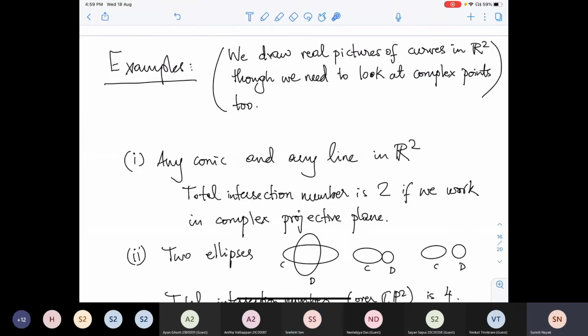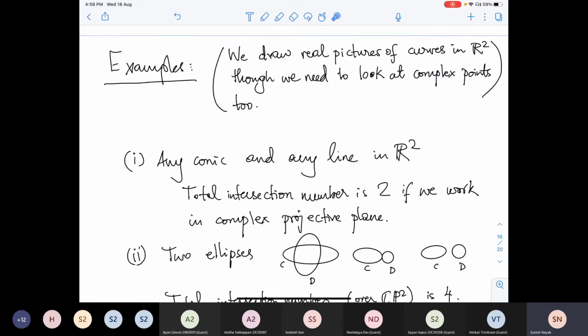Okay, so here are some examples. We will be mainly interested in curves coming from R2 because that is our starting point. We will only be drawing the real pictures because there's no way we can draw the complex pictures. It's just too complicated, and anyway, it's in R4, so that we cannot do.